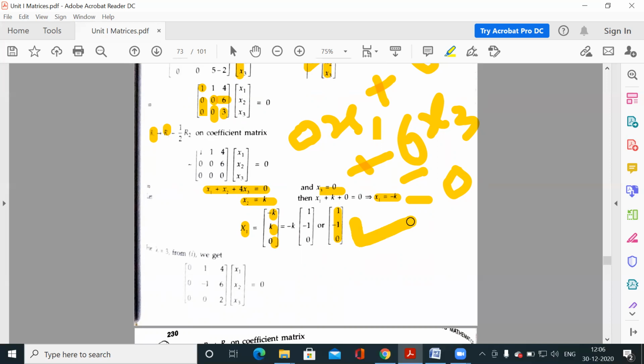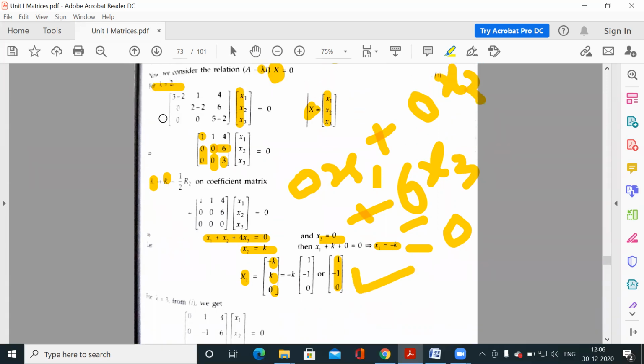So there are infinite eigenvectors with respect to a single eigenvalue. Eigenvalues are unique, and corresponding to each eigenvalue, we have infinite eigenvectors. So we have to give one eigenvector out of infinite eigenvectors. So an eigenvector is a non-trivial solution of the corresponding homogeneous system. Clear?